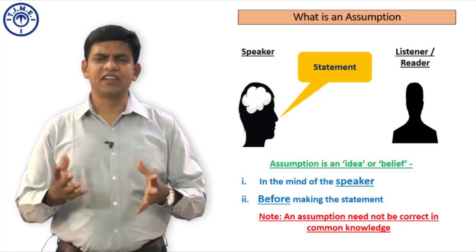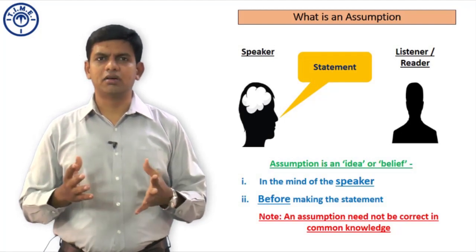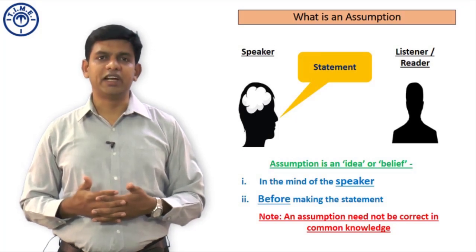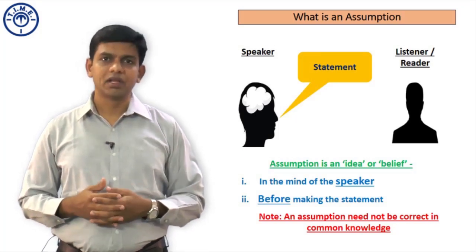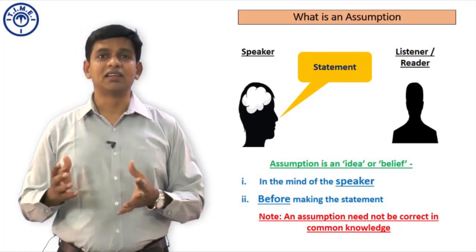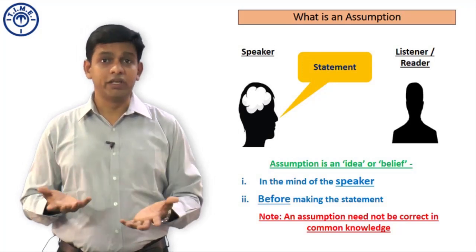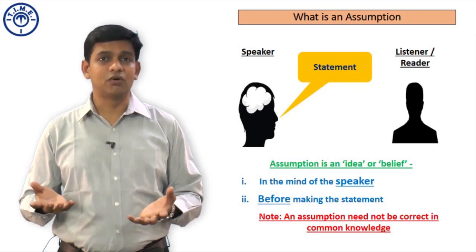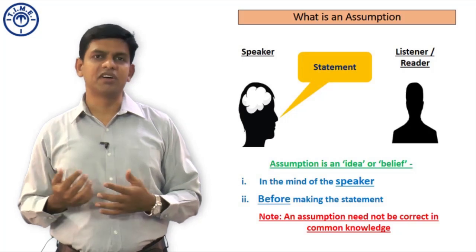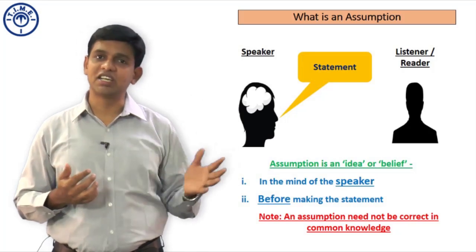Let's say for an example, the statement is that Ramu is trying to feed grass to the tiger. Now an assumption given by the examiner is tigers eat grass. Now we know as a fact that tigers don't eat grass, but I am not trying to look at it from my perspective. I have to look at it from the speaker's perspective.